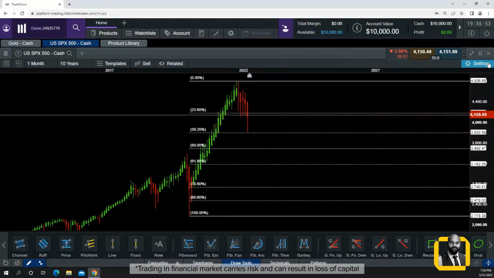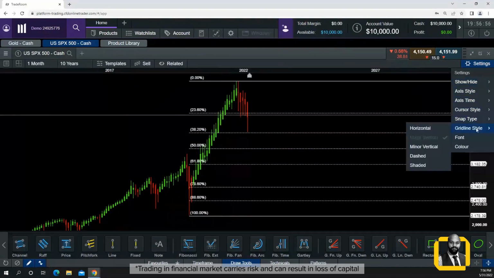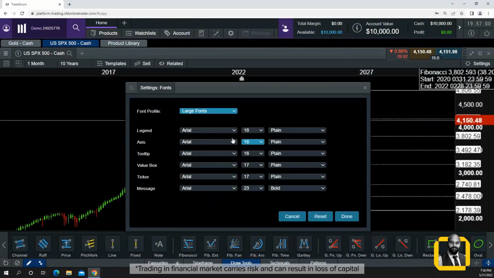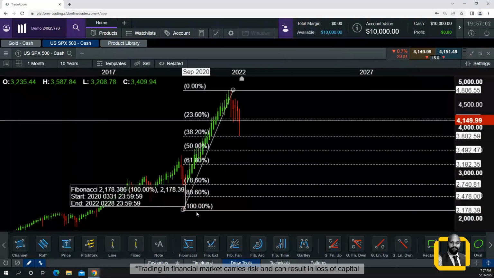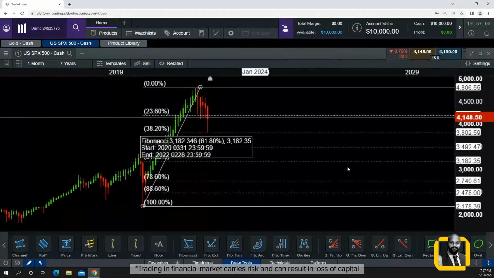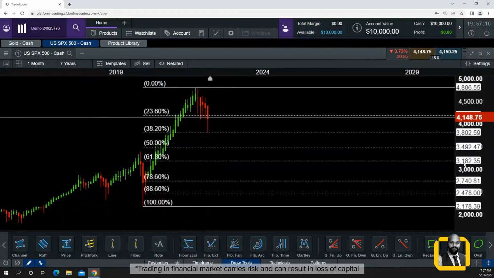Okay, I'll make the fonts bigger. Now again, I'm not looking at a short-term view, I'm looking at a very long-term view. In this case, 61.8 is when SPX drops to 3200 levels. Where are we at this point of time? We are at 4150 levels, right?